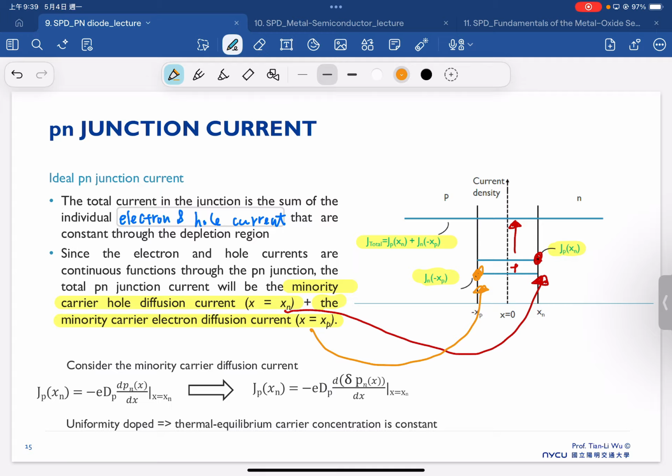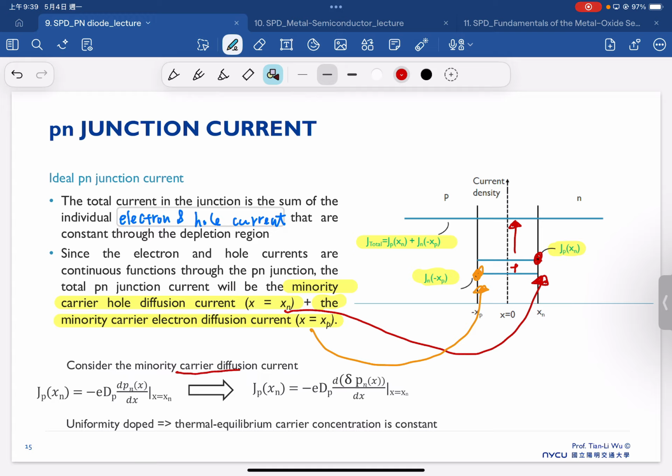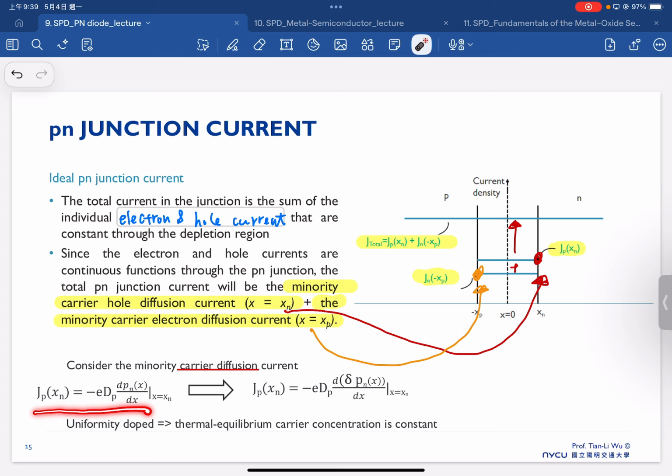So considering the minority carrier diffusion current, we have the equation as shown here, and it can also be expressed here. And we consider uniform doping, so the thermal equilibrium carrier concentration is constant. Therefore, we will use this diffusion current to estimate the total current.